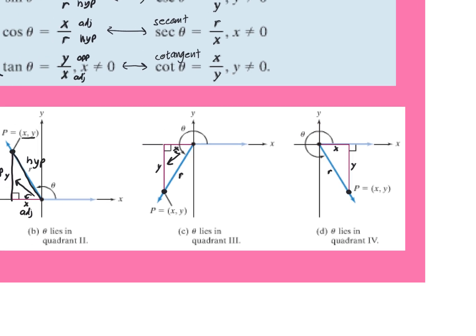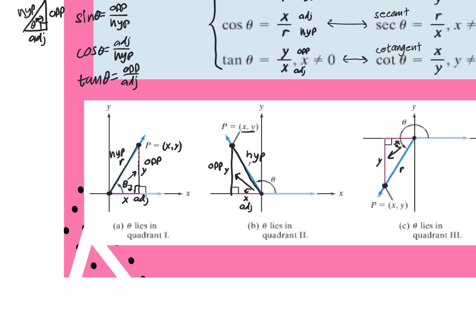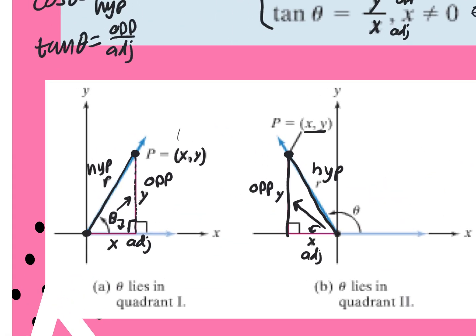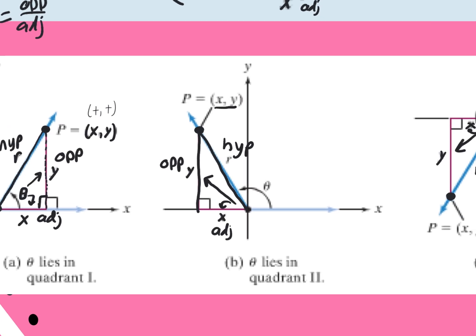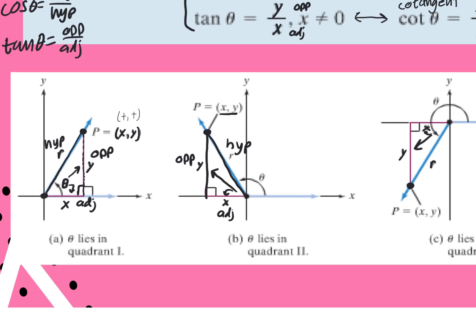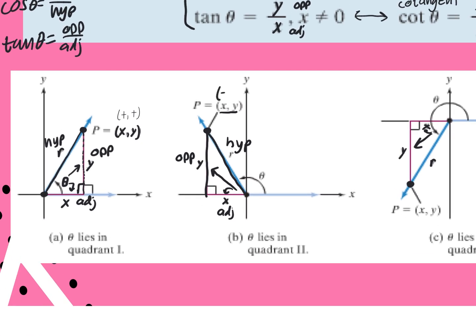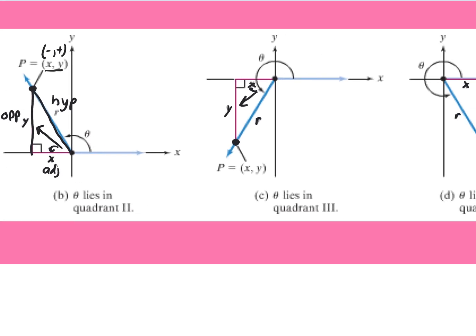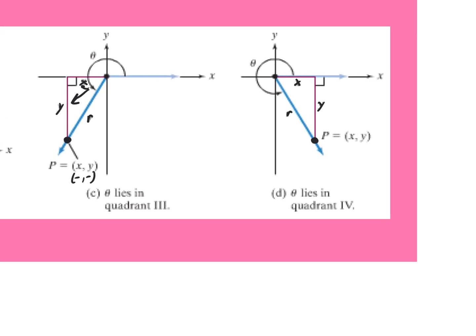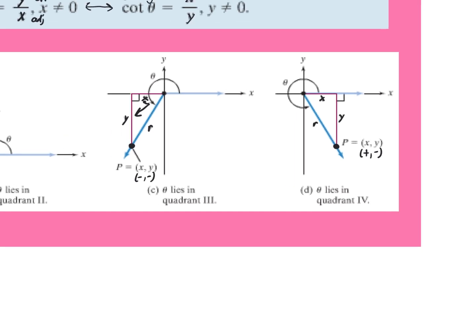Notice that the signs of x and y are going to change depending on what quadrant you're in. So in the first quadrant, this point is both positive and positive, right? X and y are both positive. In the second quadrant, notice that x is negative and y is positive. All right. In the third quadrant, x and y are both negative, and in the fourth quadrant, x is positive, y is negative.